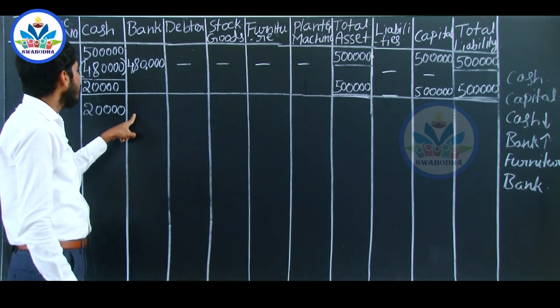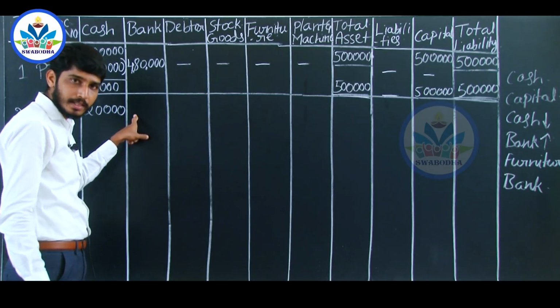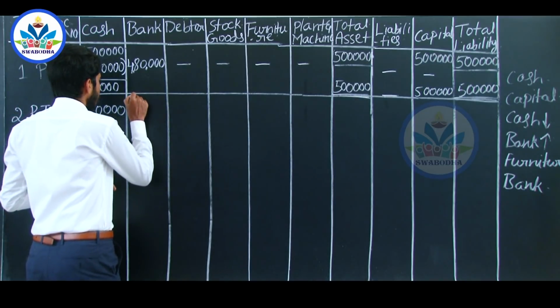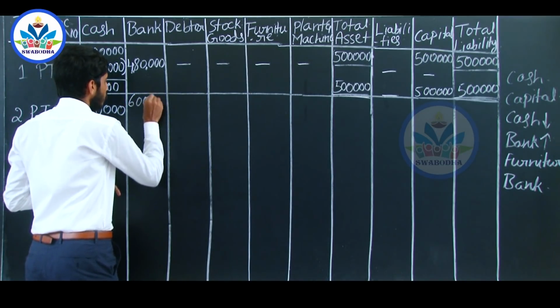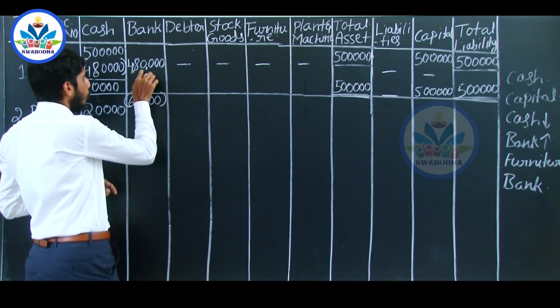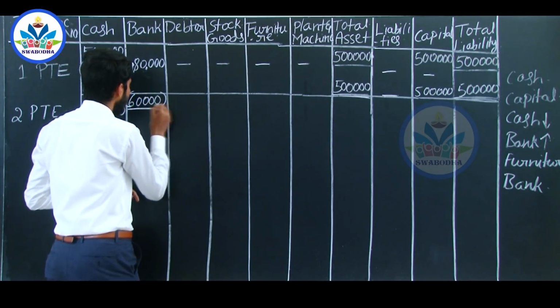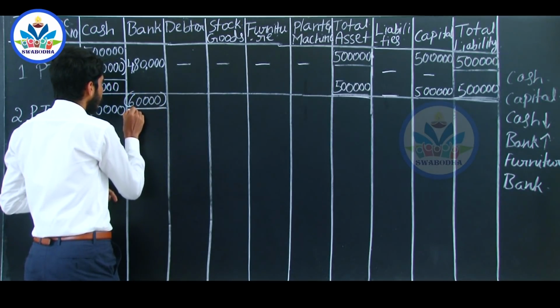You have made a payment by issuing a check, that means to that extent bank balance will reduce. The payment amount is 60,000, write it in the bracket. So, 4,80,000 minus 60,000, remaining balance is 4,20,000.